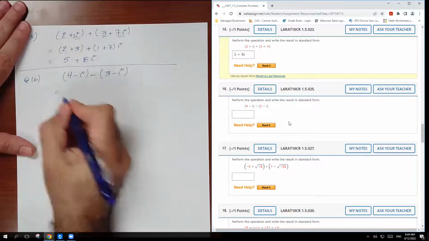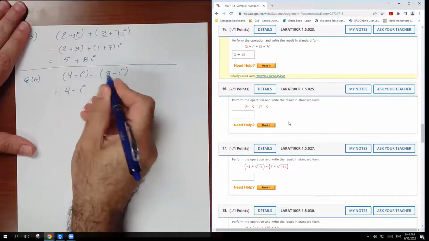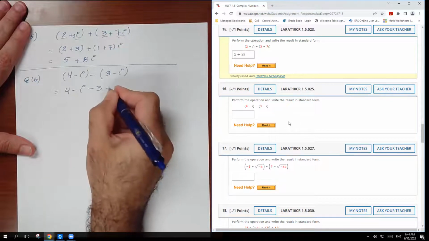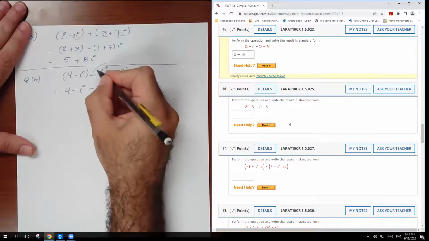So this one's going to be equal 4 minus I, negative times positive, going to be minus 3, negative times negative, plus I.